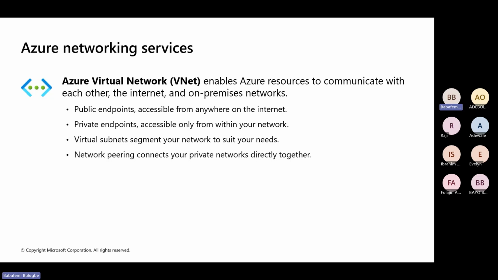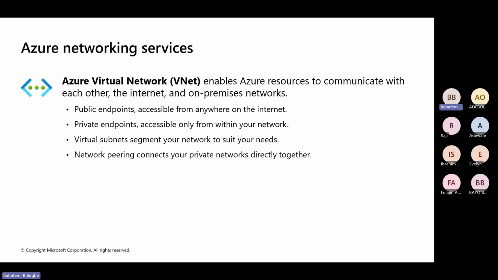So what network peering does, like I've explained last time, is this: if we have a network in our tenant, and this network only functions for resources within this particular tenant, and we want it to communicate with another network or another resource in another region, specifically if we have a global company and we need the resources we spin up in Azure, maybe in the UK center, to communicate with the ones in Nigeria, we do what we call VNet peering.